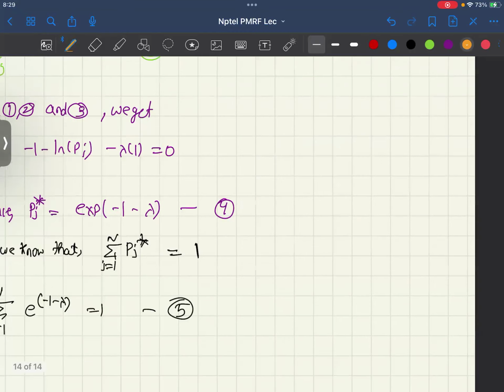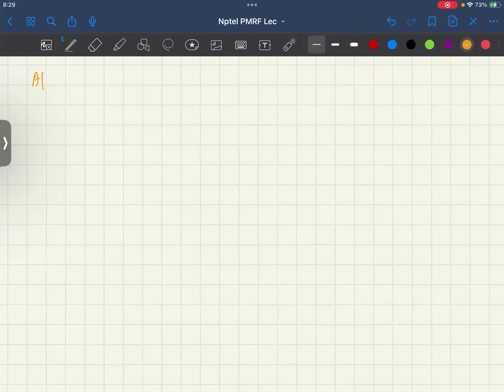Now apply normalization to equation 4 using equation 5.